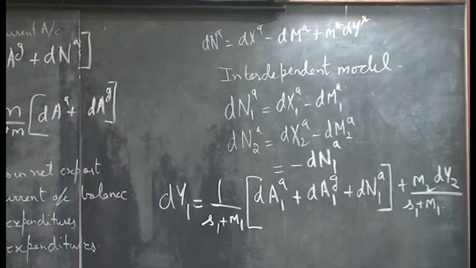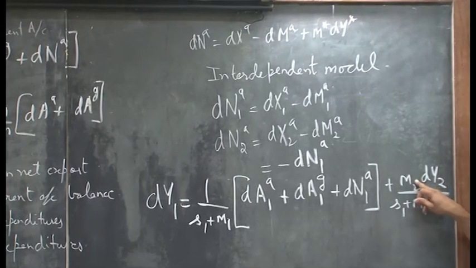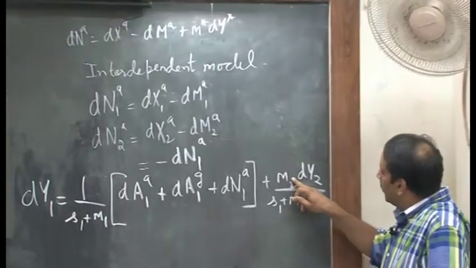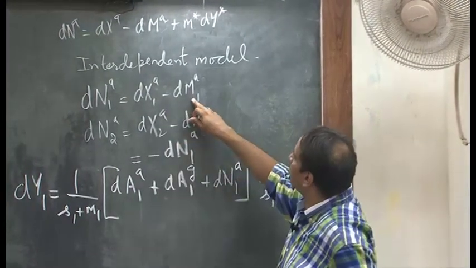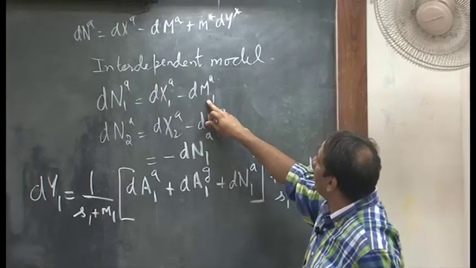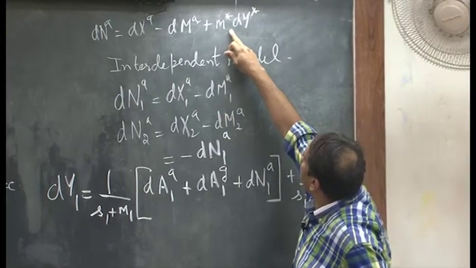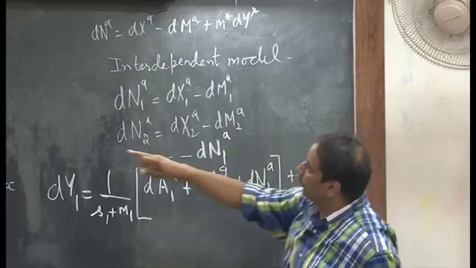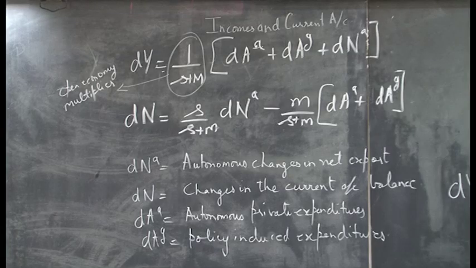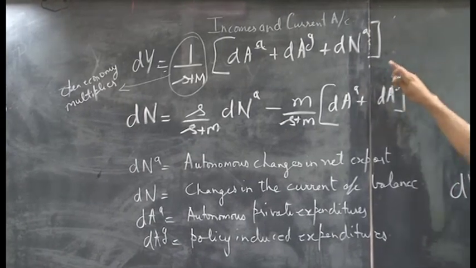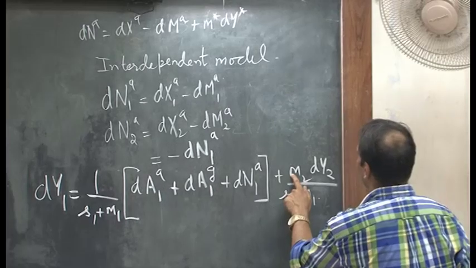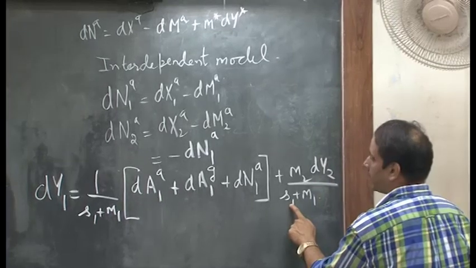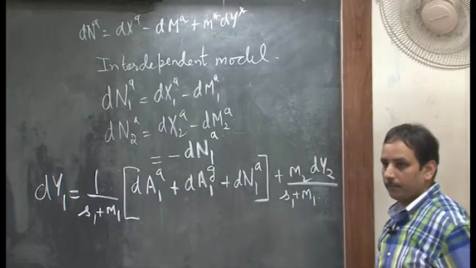Now, see how this term has emerged, because now dn1a is dx1a minus dm1a, and this is m2 dy2. So if you take it out of the parenthesis, you will get m2 dy2 divided by s1 plus m1.